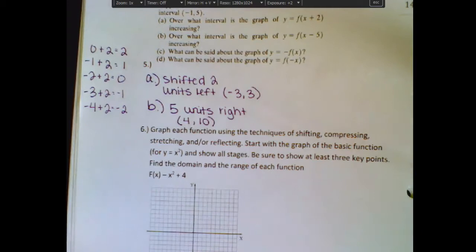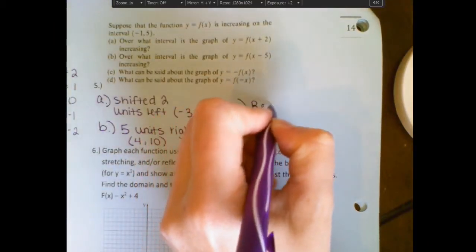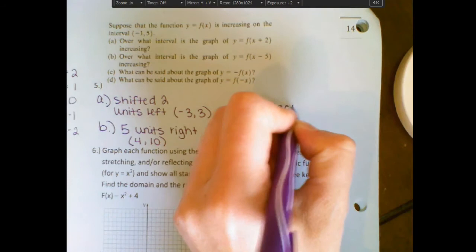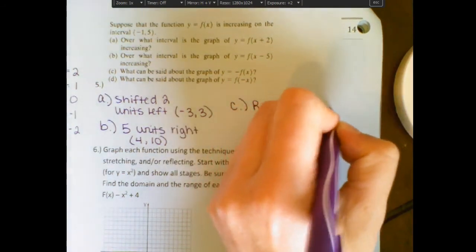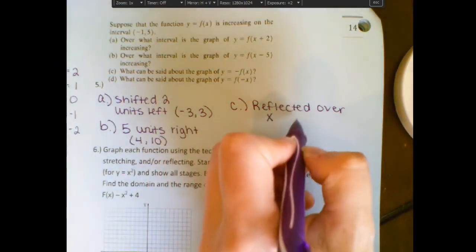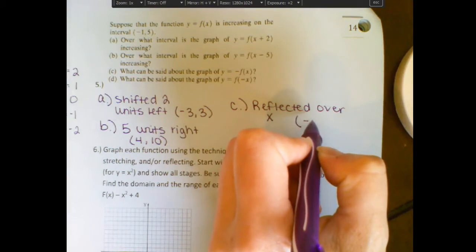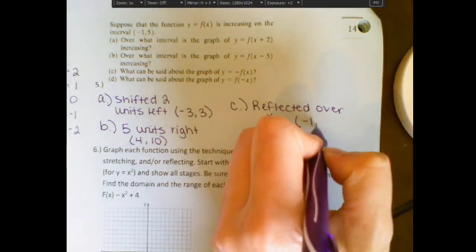C, what can be said about this graph? Well, it would be reflected. That's the first thing, reflected over the x-axis, which means our interval would be decreasing at negative 1, 5.